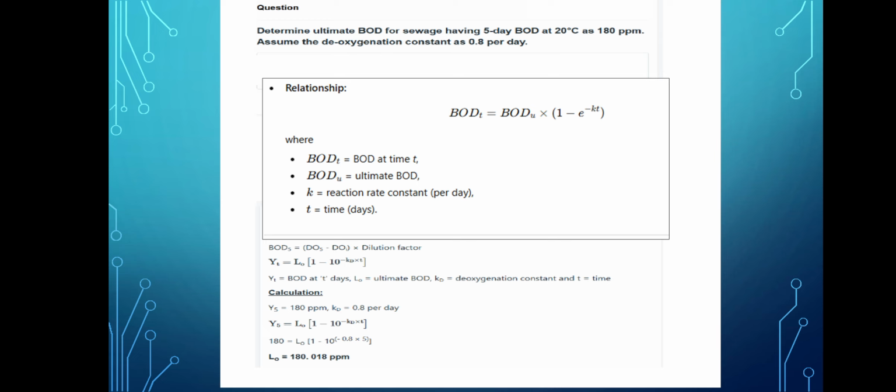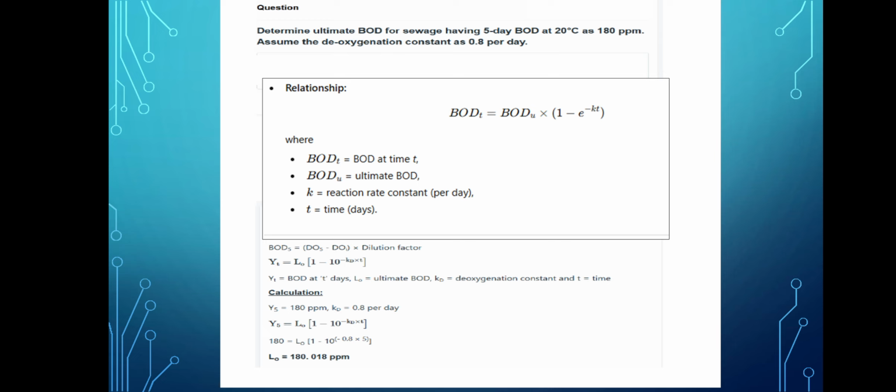Deducing the formula here, I have written the same formula in a different version: Yt equals L0 into 1 minus e to the power minus Kd into t. Here Yt is BODT, which is BOD5.